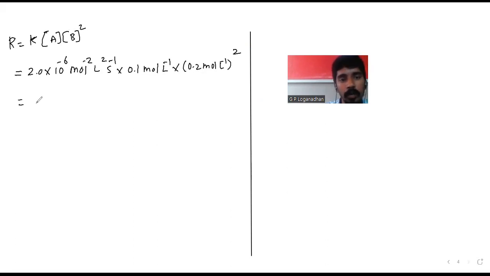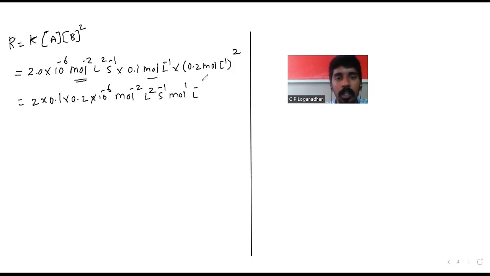This is equal to 2 multiplied by 0.1 into 0.2 into 10 power minus 6. Here mole power minus 2, mole power 1. Okay, fine. Let us write mole power minus 2 liter square second inverse, mole power 1 liter inverse, 0.2 into 0.2, right?